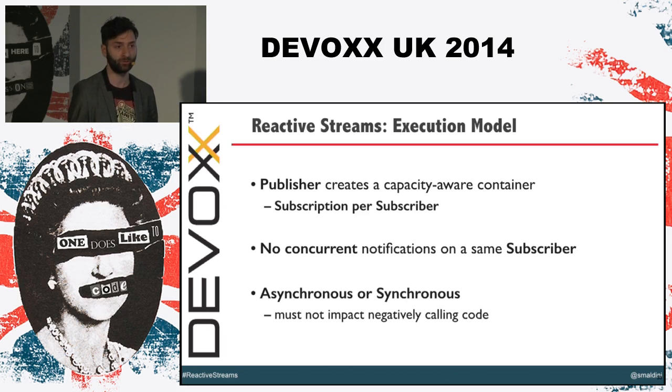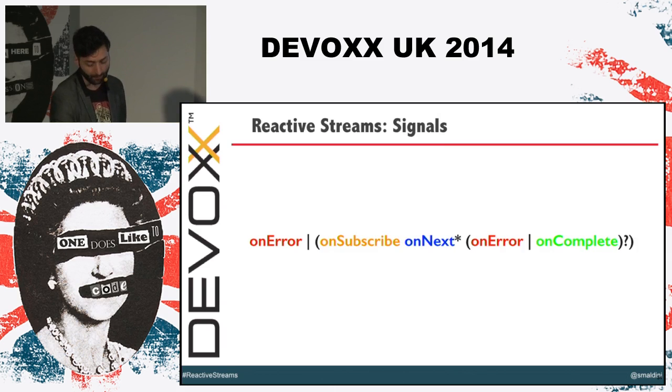You can just implement Subscriber and implement the four methods, like we saw in the example about RxJava, and subscribe the subscriber to a publisher, and that's fine. The asynchronous boundary will be handled by the subscription, in fact, so you don't have to deal with it on the subscriber itself. And the protocol is just as simple as that.